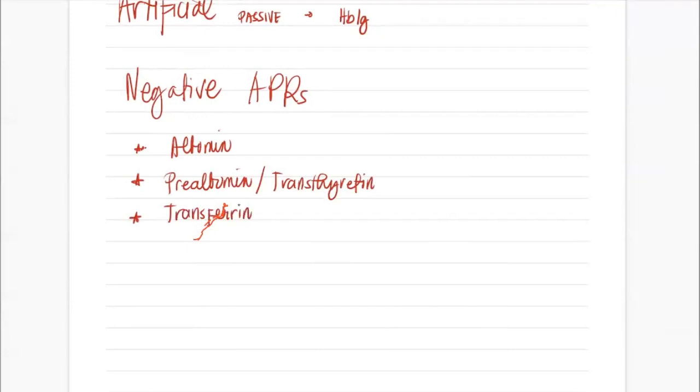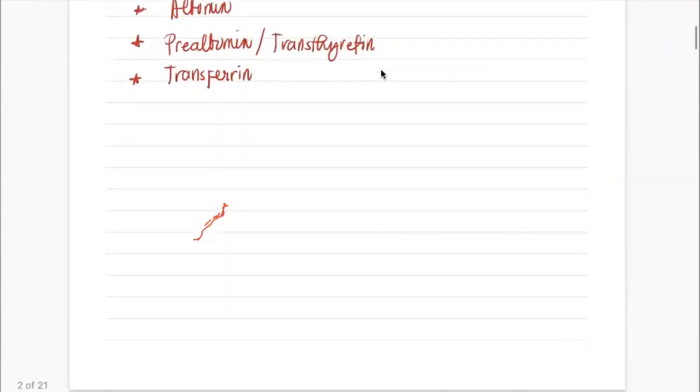Okay, so these are the proteins that are decreasing their level whenever merong inflammation. So mga negative acute phase reactants yung tawag natin sa kanila. Okay? So that's it for our acute phase reactants.